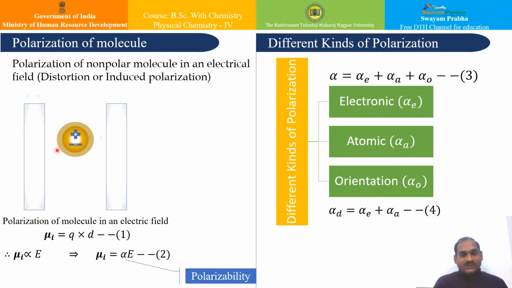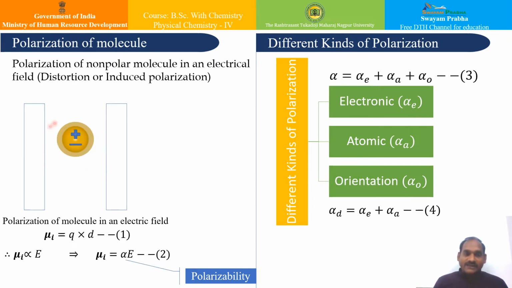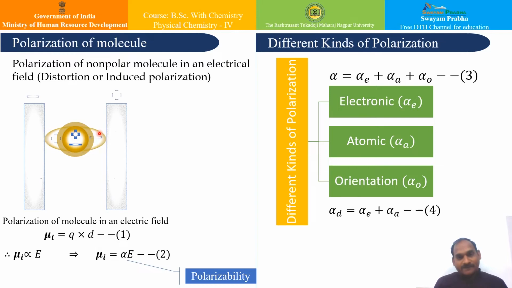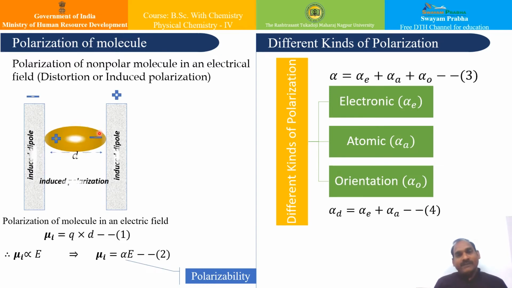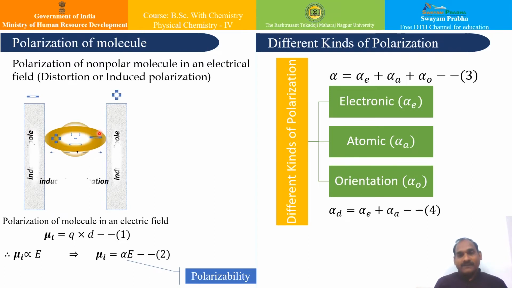This is called distortion polarization of the molecule. Now this dipole is temporary and the molecule remains polarized as long as the electric field is applied, but it goes back to the original state as soon as the electric field is switched off.